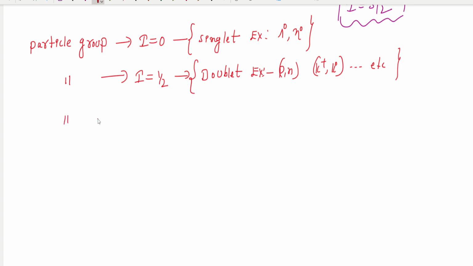Particle groups with I equal to 1, we can call triplet groups.